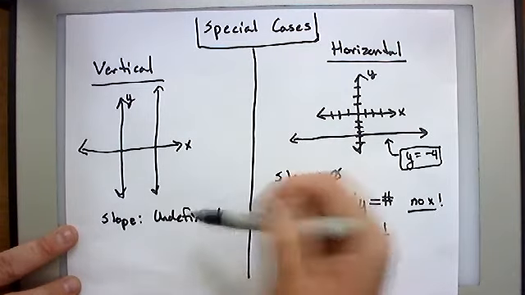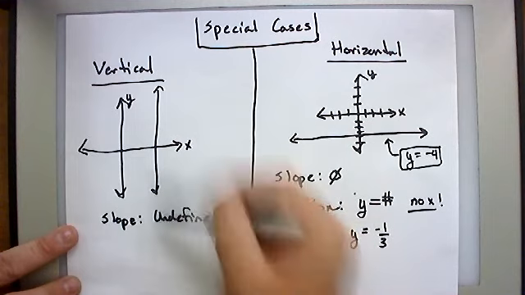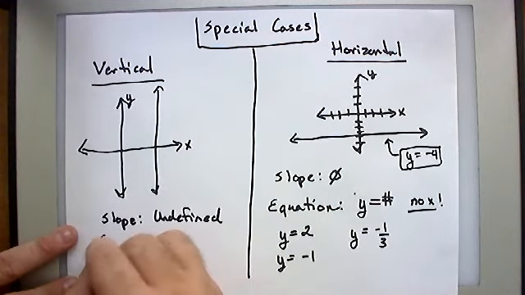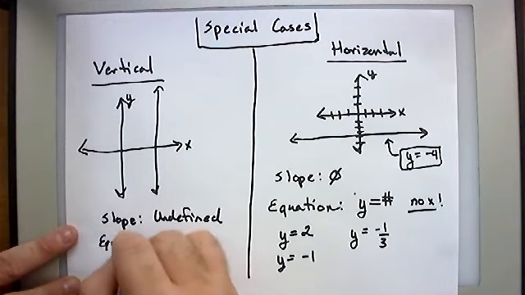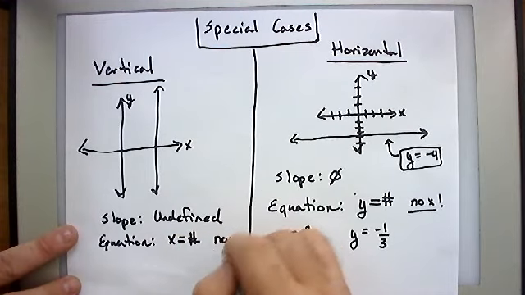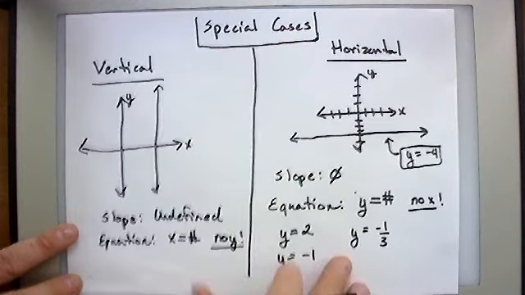The way I remember this, kind of like UV rays, right? Undefined goes with vertical, UV. Slope is undefined, and the equation is kind of exactly the opposite of a horizontal line. The equation here will be x equals some number, and there will be no y, and that is very important.